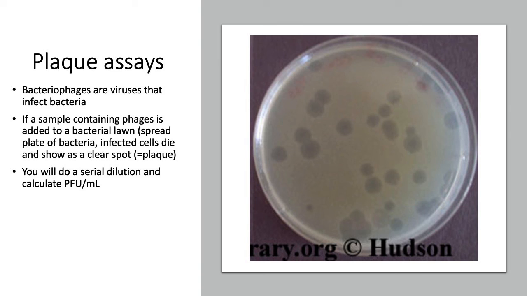So what you are seeing on that plate is a bacterial culture. This is what we call a bacterial lawn. All the bottom of the agar is covered with bacteria, but where viruses are present, they infect the bacteria and kill them. And then you see this clearing.